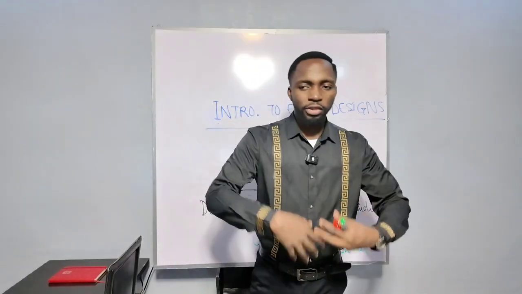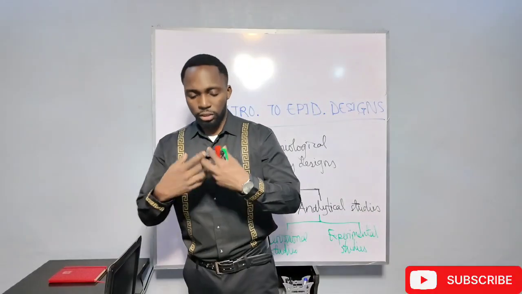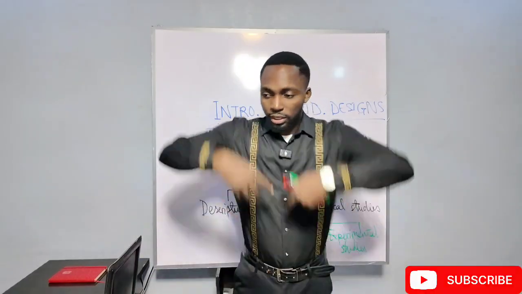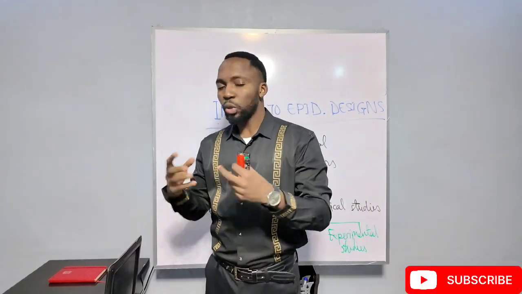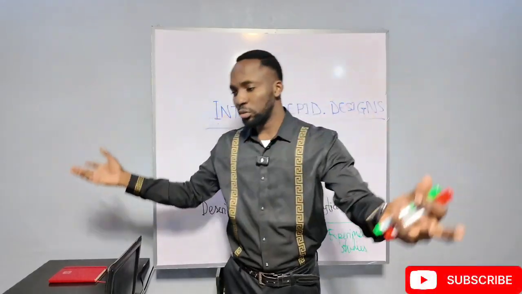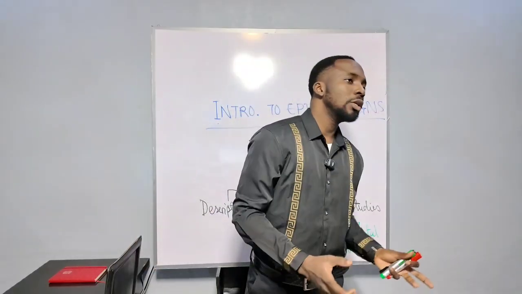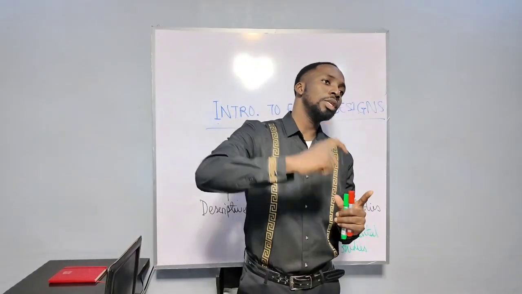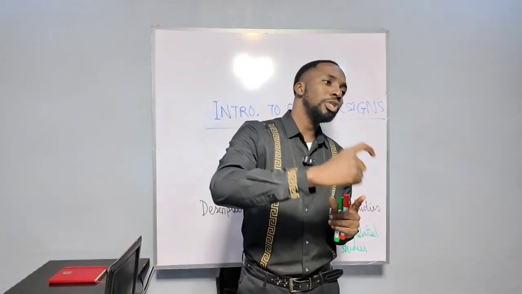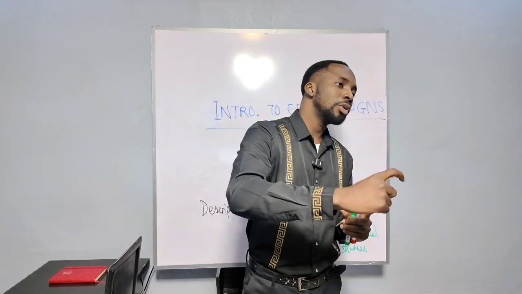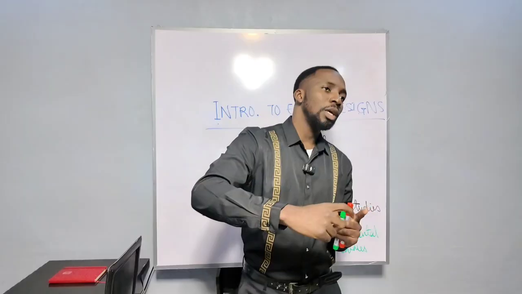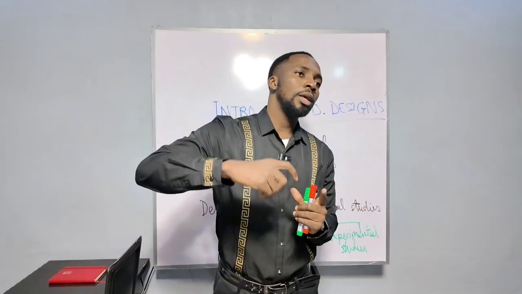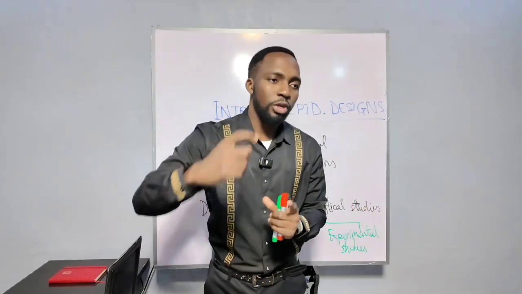So what are these study designs? These are various designs or blueprints we adopt to study population health. Remember in our definition we talked about epidemiology as trying to study distribution and determinants in a specified population.